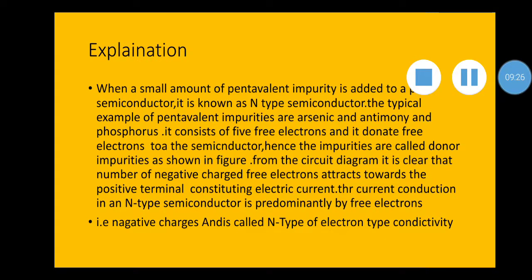When a small amount of pentavalent impurity is added to a pure semiconductor, it is known as N-type semiconductor.